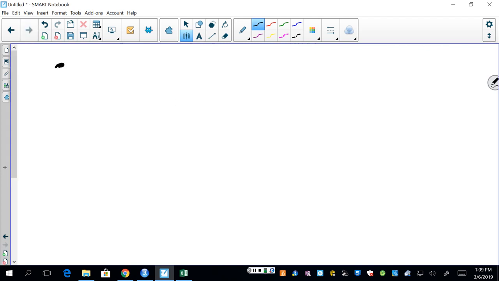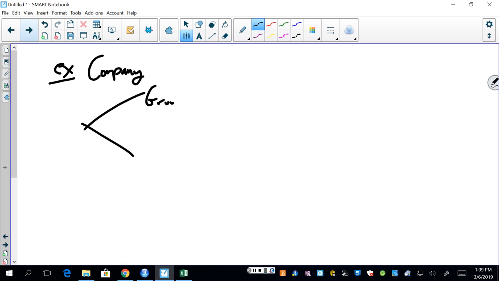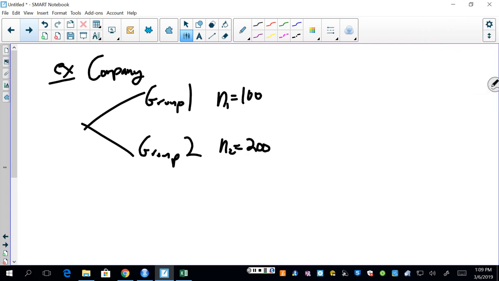Well, say you're a company, and you have two different groups of customers, maybe 100 people here and 200 people here, and there's a certain rate of buying add-on products, returning to renew, or quantity bought.